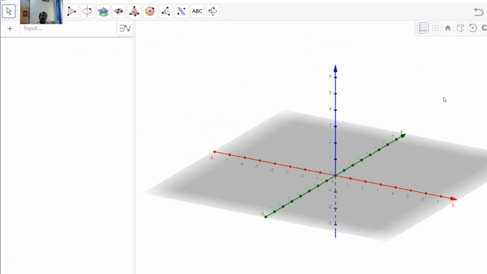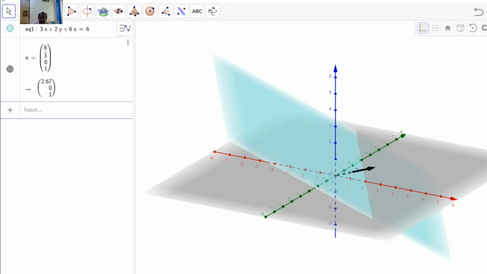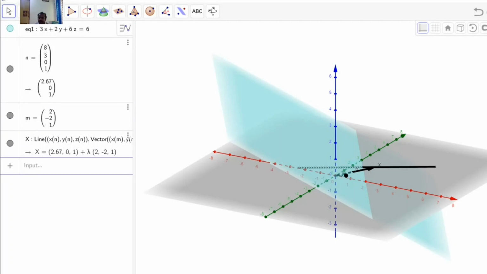The problem of finding the point of intersection of the line with the plane can also be verified with GeoGebra. Now you consider the plane 3x plus 2y plus 6z and you can plot the line first. So you have m is equal to 2 minus 2 1, and the parametric equation of the line is 8 by 3 0 1 plus t times 2 minus 2 1.